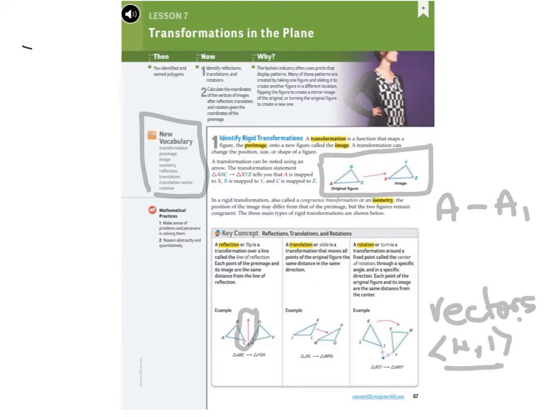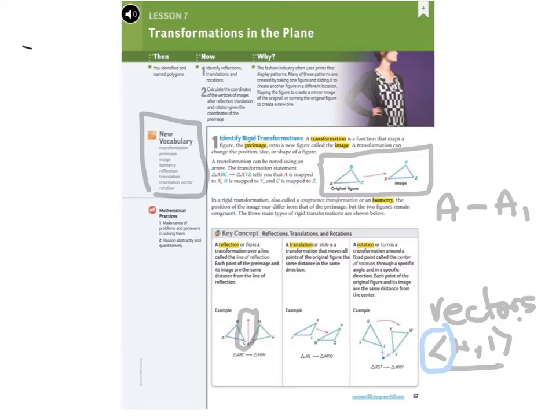That will tell you that you move the x coordinates 4 places and then you move up 1 on the y coordinate. So it'll either have the word vector or it will have this sort of notation as far as your parentheses are concerned. And then finally is your rotation. Think of a steering wheel on a car, a wheel on a car, or a bicycle.